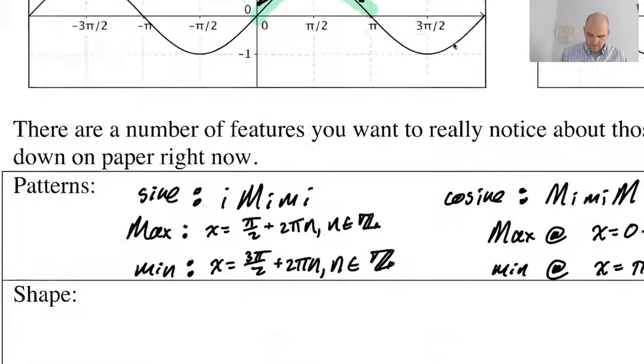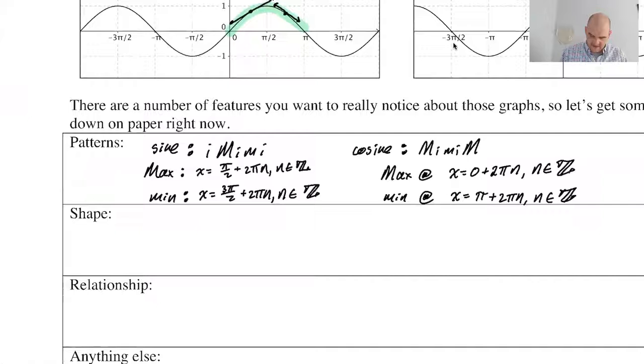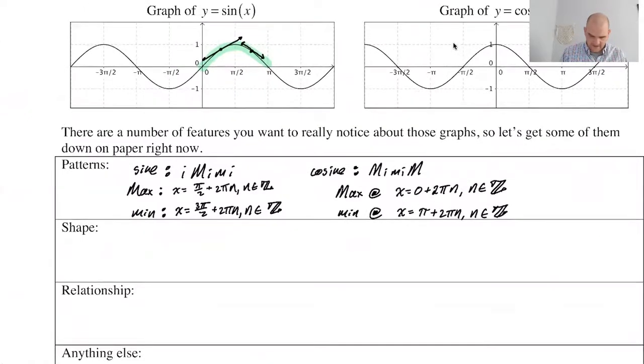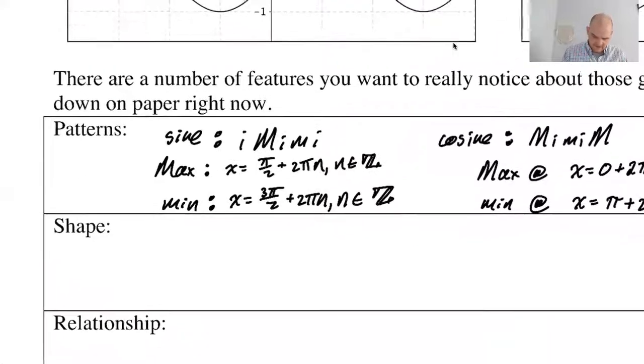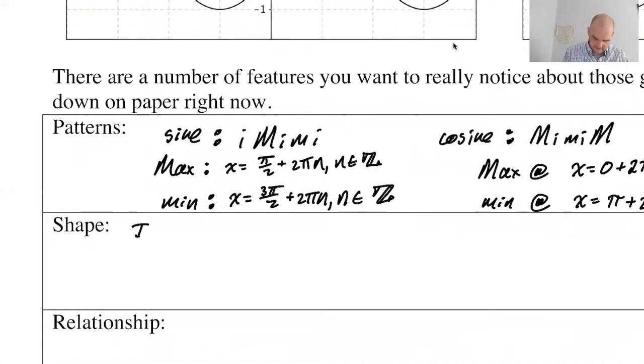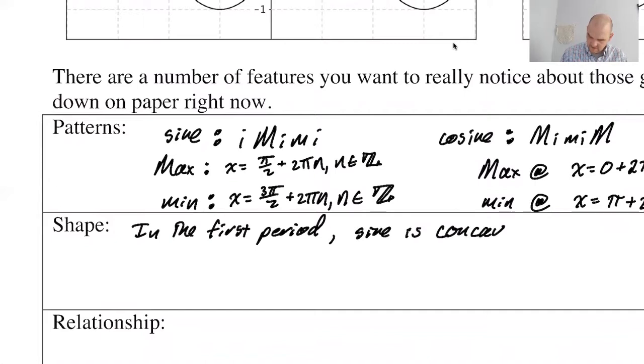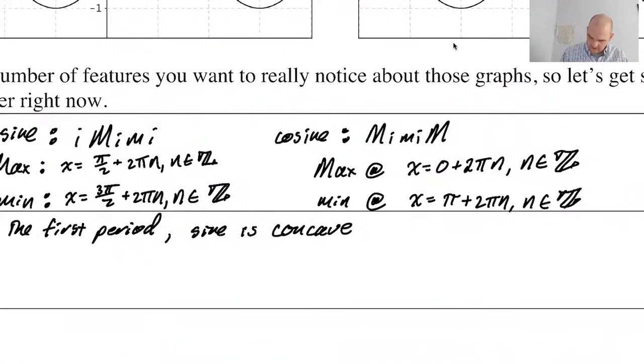So what can we say about that? I will say that in the first period, so that's between 0 and 2 pi, sine is concave down, concave down for 0 to pi.